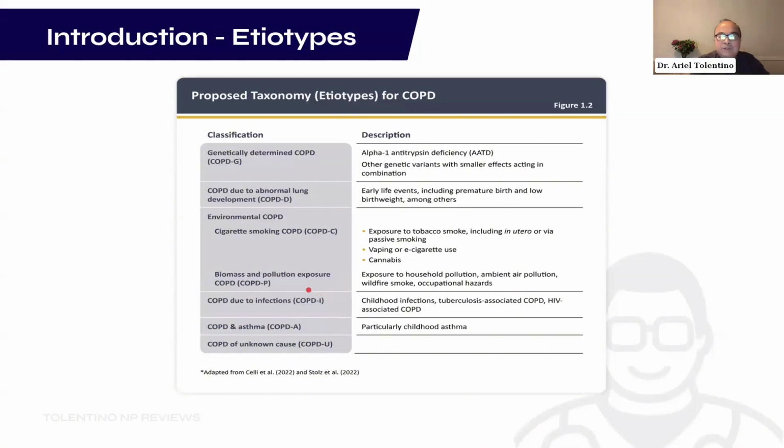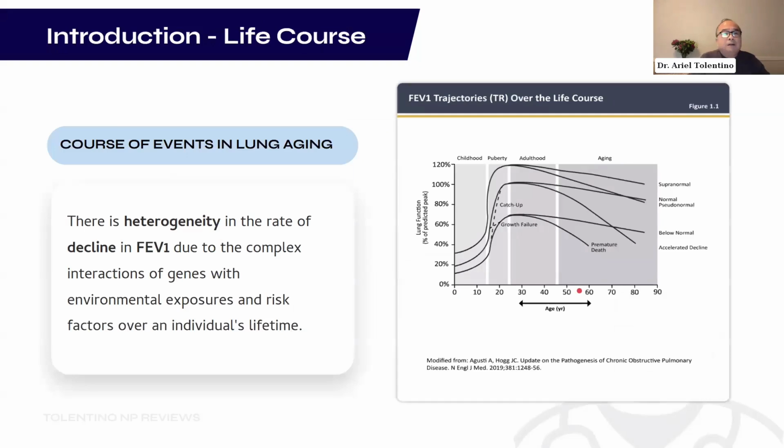Now, other conditions wherein the etiology or the reason for developing COPD is unclear would be classified as COPD-U, being undetermined. Okay. Now, we have here the current concept of the development of COPD based on FEV1 trajectories.